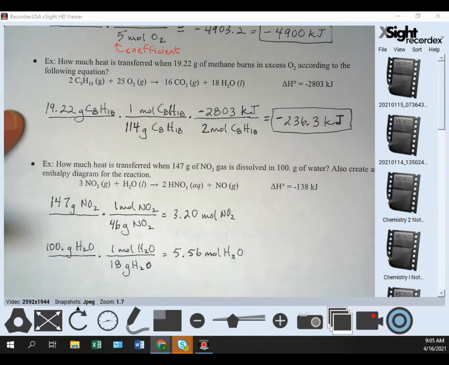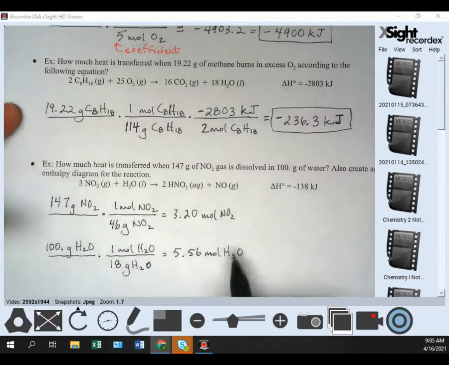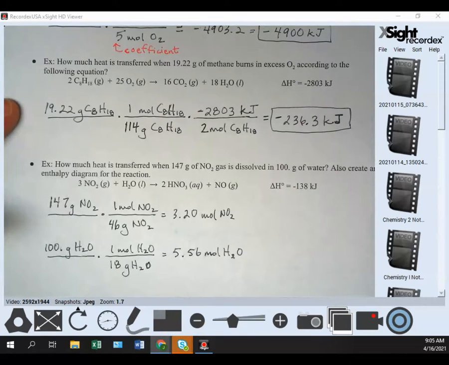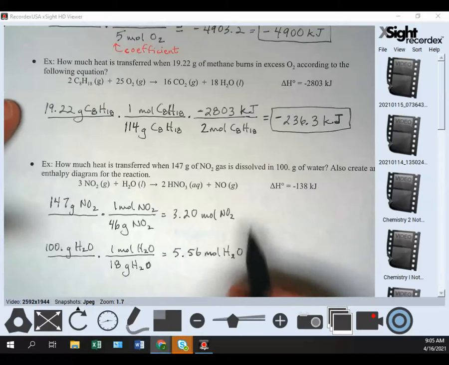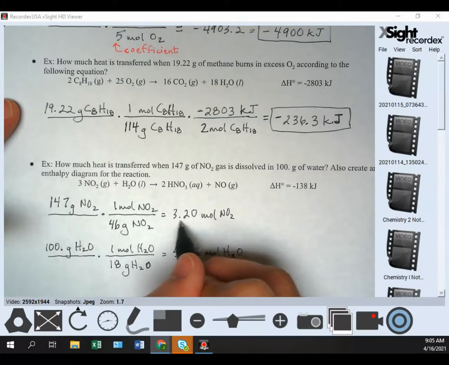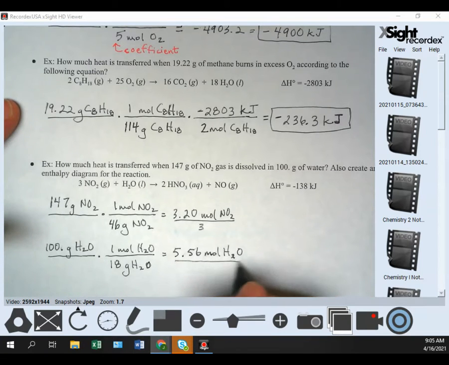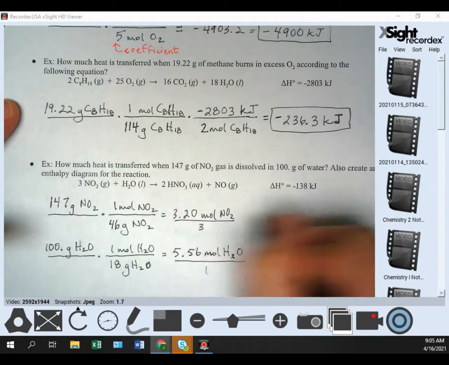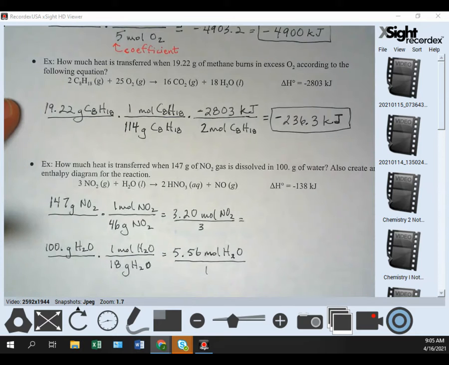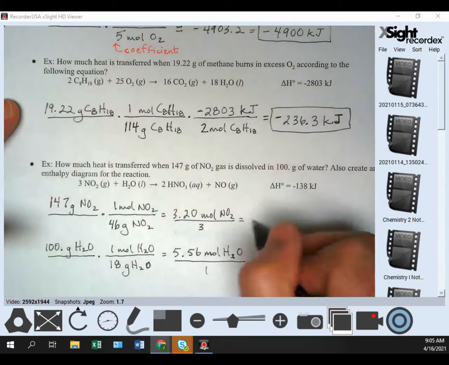Okay, so these are the moles. Now it's in moles of each. Now to find the limiting reactant, we divide by the coefficient. So in front of NO2, there's a 3. In front of H2O, there's nothing, so it's a 1. So we get whatever that is, 1.07.